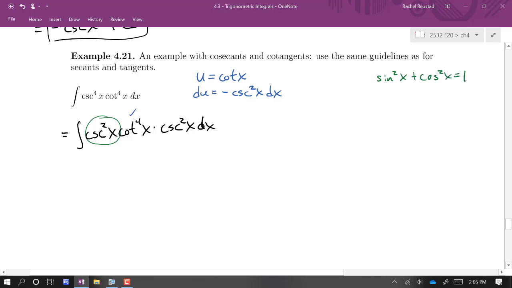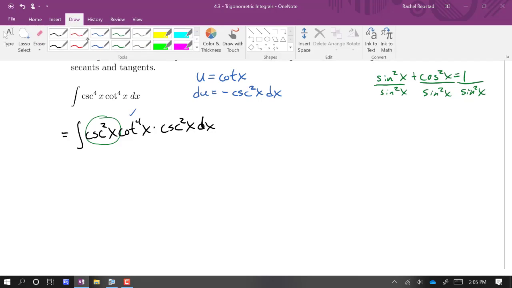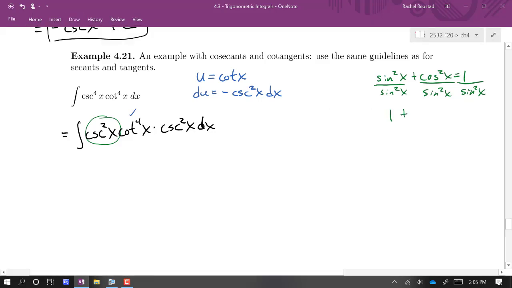To get the version that deals with cotans and cosecants, we're going to divide through by sine squared. And if you divide through by sine squared, you get 1 plus cotan squared x equals cosecant squared x.